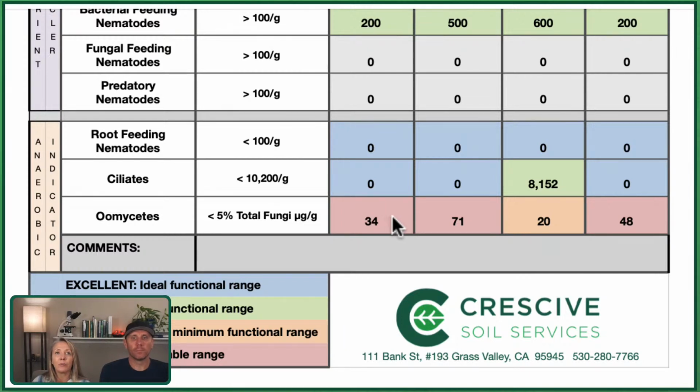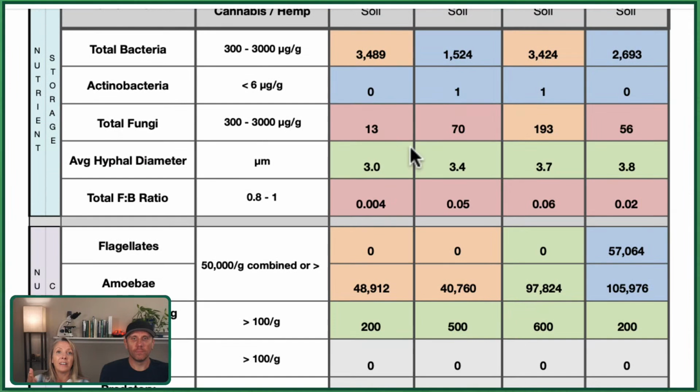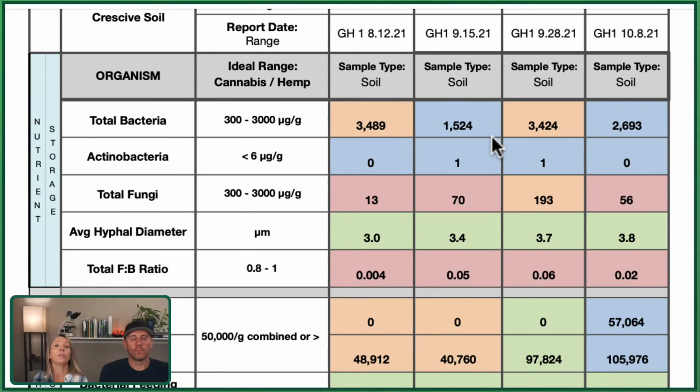We don't have root feeding nematodes and ciliates showing up, but we do have some oomycetes showing up. Those aren't a ton as far as biomass goes, but they're almost double. In fact, I think they are more than double. Yeah, more than double the beneficial fungi numbers. So they're not proliferating, but they're winning as far as who's winning in the battle of oomycetes to fungi in competition.